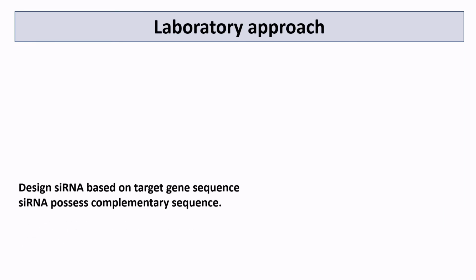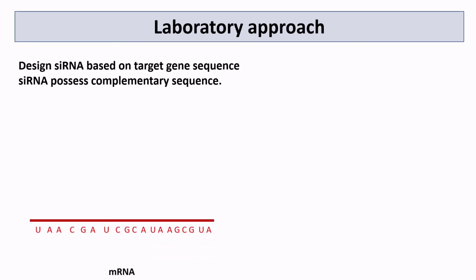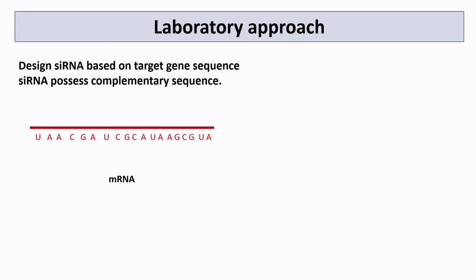Now, if you want to understand the laboratory approach, first you need to design siRNA based on the target gene sequence. A siRNA should possess a complementary sequence. Suppose this is your mRNA that you need to degrade, and this is the place where your siRNA targets.